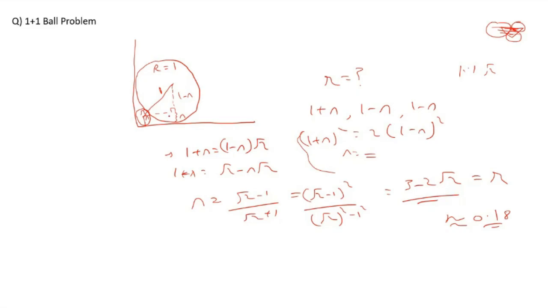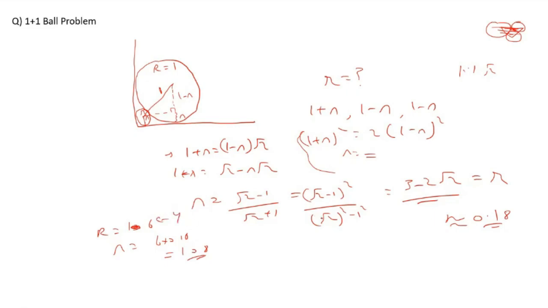Now if they ask a similar problem, where the bigger circle had a radius of 10, or a radius of 6, then what? We know that the small r was 0.18 in the case of the bigger circle being 1. So the smaller radius in this case would be 6 into 0.18, which is 1.08. If the bigger circle radius was 4, then 4 into 0.18 is 0.72, you're done.